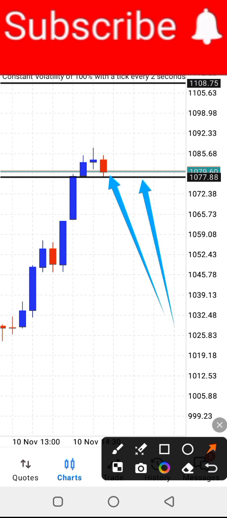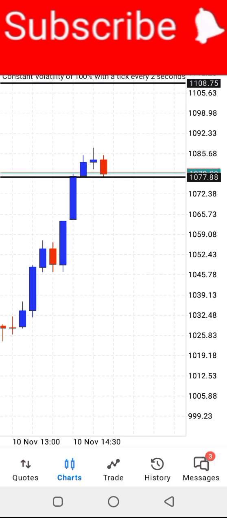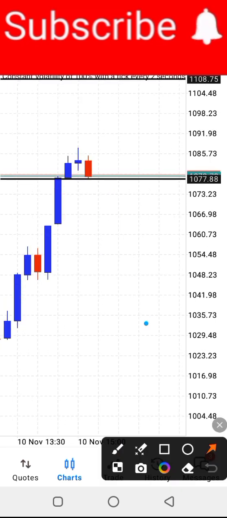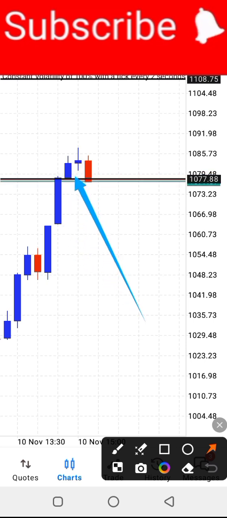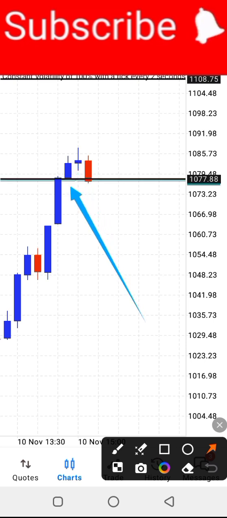So the point I'm trying to bring out is you can see the signs of a potential pullback or a reversal based on how the candles are forming. You can see this bearish candle that is being printed here has already given you a sign right here. And what is the sign it gave? The sign is the fact that this bullish candle did not close above the high of the previous bullish candle.